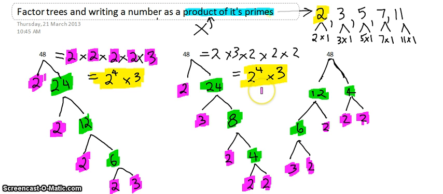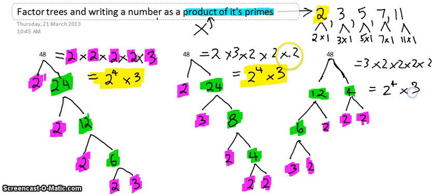Okay, and the pink ones are what multiplies together. They're my prime numbers. So my answer is going to be 3 times 2 times 2 times 2 times 2. 1, 2, 3, 4, and 3. And it's going to be the same as all the others, just done a different way. 2 to the power of 4 times 3. It's exactly the same.